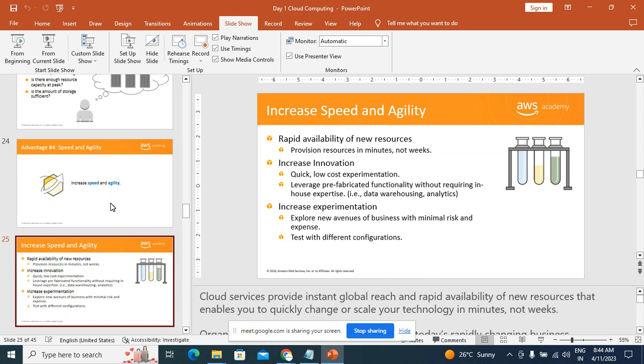That will not only reduce your amount of time, it will also increase your productivity and experimentation. And it is also mentioning that you can test with different configurations.